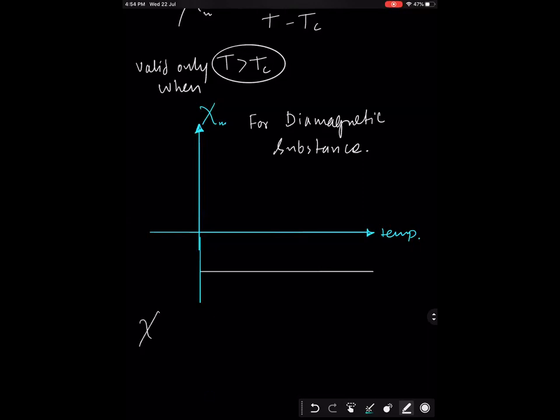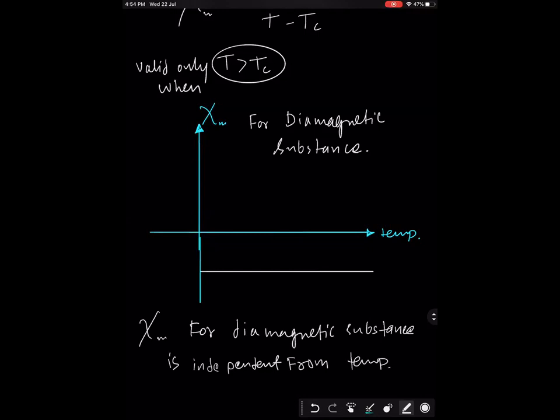So chi for diamagnetic, okay, and it has some negative value.